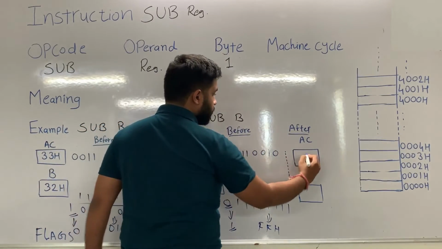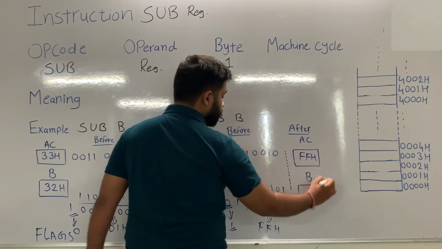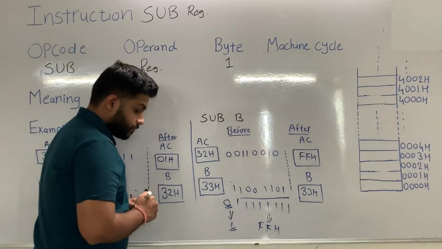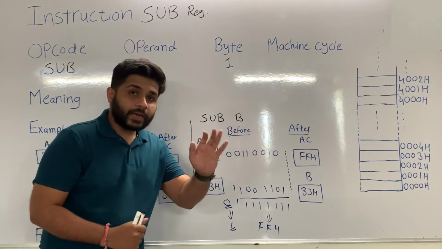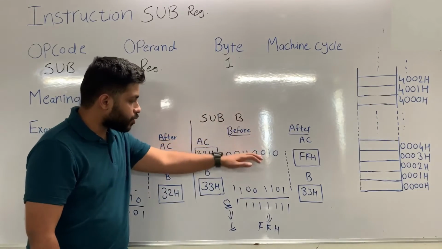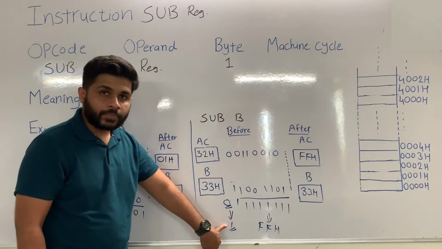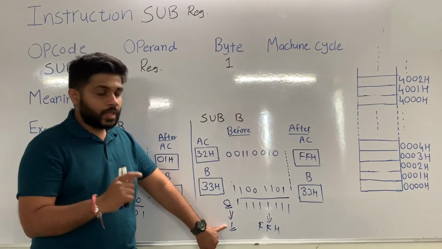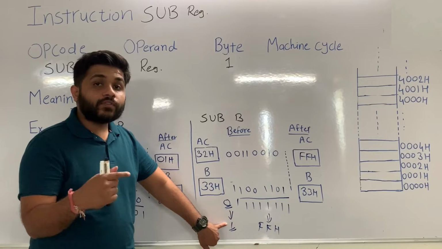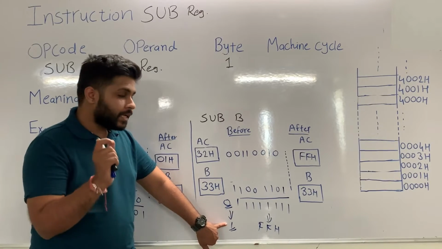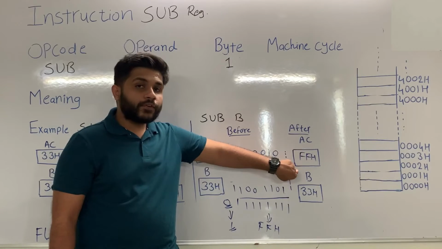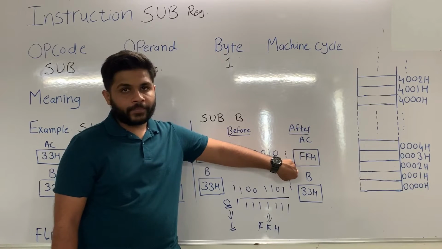So after the execution, in the accumulator the FFH will be stored and in the register B 33H will be stored. Now if you pay attention, right now the content of carry flag after the execution of this instruction is 1. Now what is the meaning of that? When the content of carry flag is 1 after the execution of subtract instruction, it means that the answer is negative and it is in form of 2's complement.